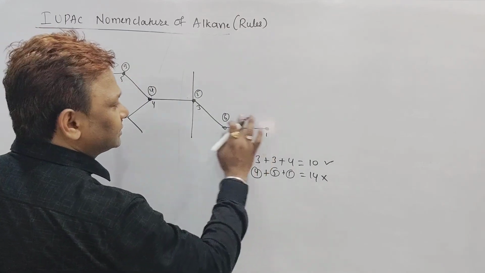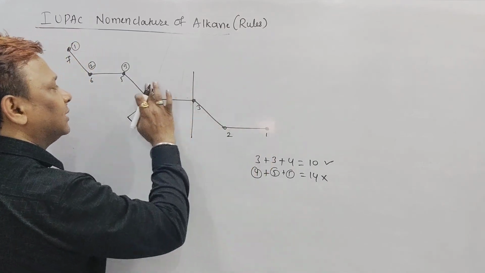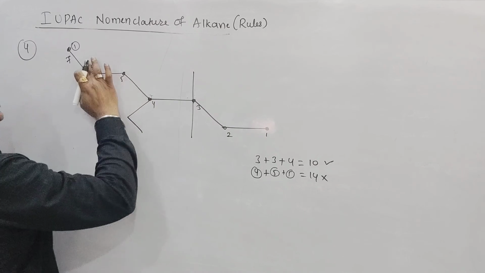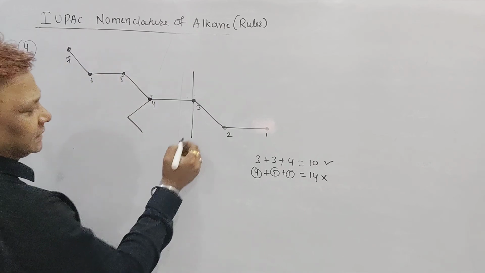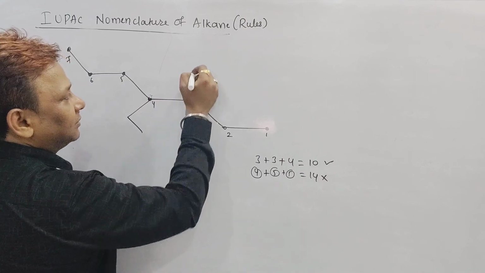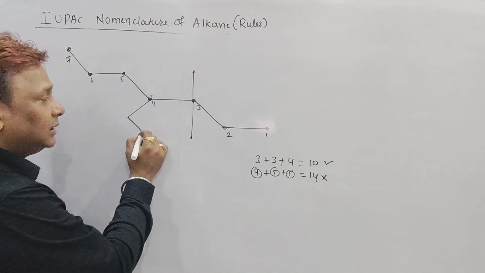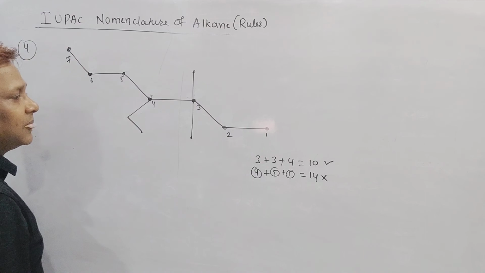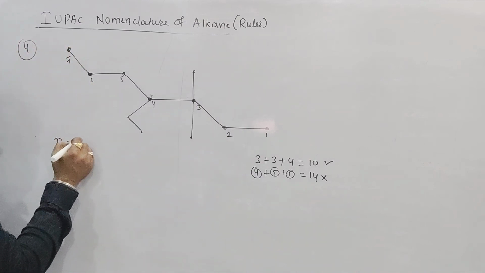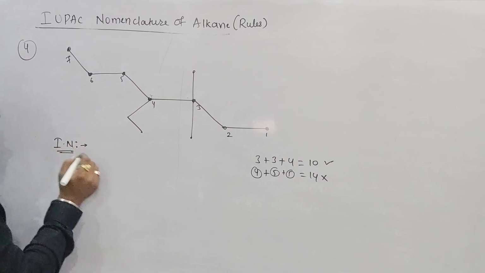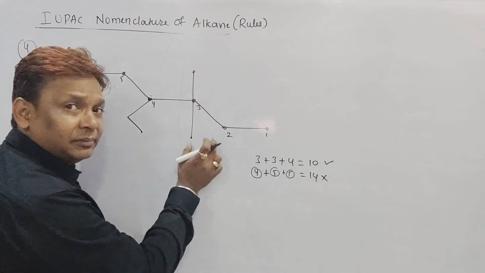Beta, the numbering which is wrong, just take it out, because it will make confusion for the selection of the longest chain and for seeing the position of the substituents. Now what is the name of this one? Methyl. And this is ethyl, on which carbon? The fourth carbon atom. While writing the IUPAC name, should I write ethyl first or methyl first?